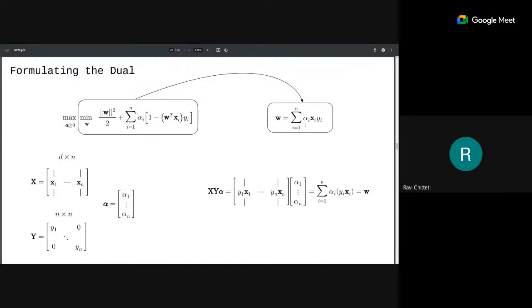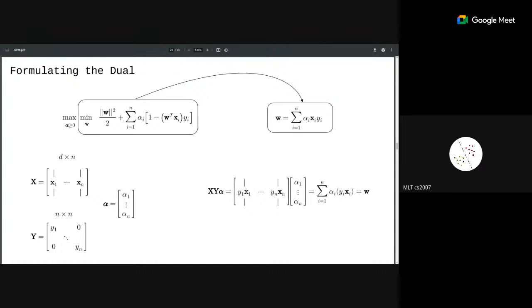Like above, w is written as a sum of alpha_i y_i x_i. See here, alpha_i and y_i are scalars, and x_i is the only vector. Now what we are doing is putting all these n alphas into one vector, and alpha has to come here. So this is a matrix vector multiplication.